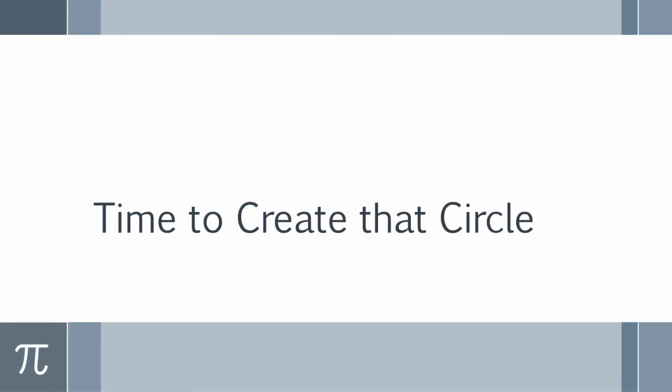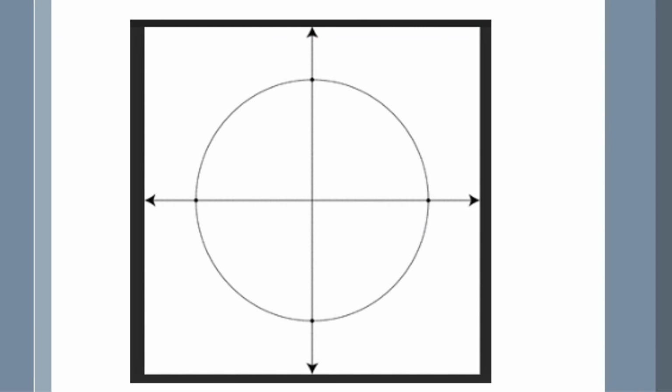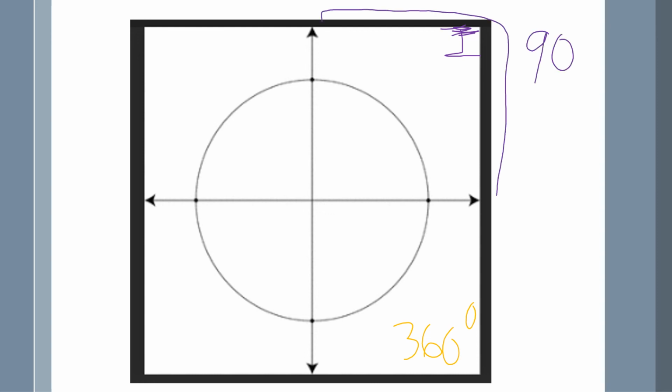It's time to create that circle. We're ready. Let's go, y'all. So look, all you have to do: how many degrees are in the circle? 360, right? So in quadrant one, what is the highest degree I could have in here? So it's going to be from 0 to what? 90 degrees.